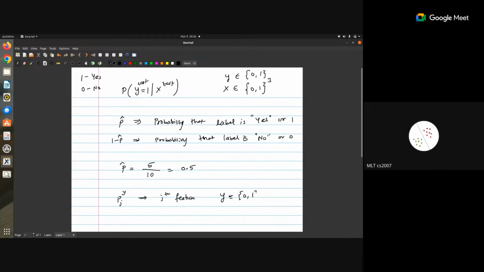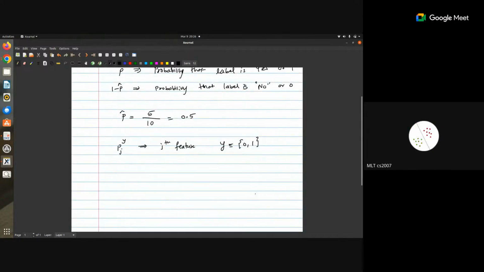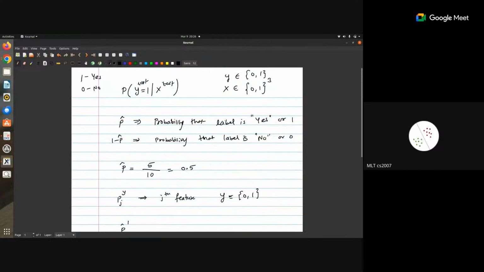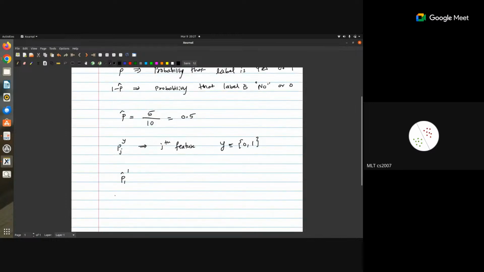It can be 0 or 1, yes or no. Similarly, what if I say P1 hat of 1? We are considering 1 as yes and 0 as no. In this case, P11 denotes what? Let's say color.